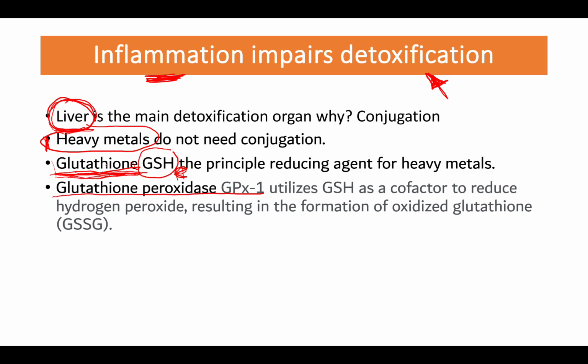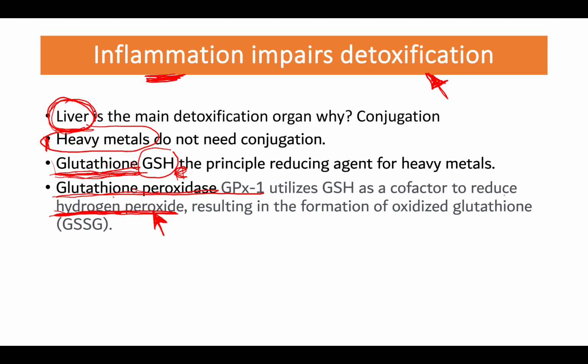This enzyme uses glutathione to do its work. What is its work? It is a cofactor that reduces hydrogen peroxide. The toxins that come to the liver secrete hydrogen peroxide or have hydrogen peroxide in their composition, and the glutathione is consumed by the glutathione peroxidase, which will prevent the hydrogen peroxide from doing damage to the liver and to the body. So the glutathione peroxidase is important for detoxification of toxins.